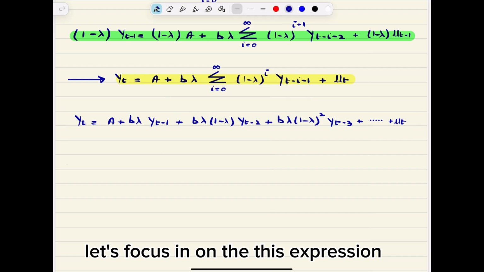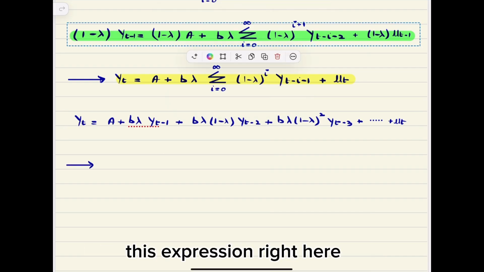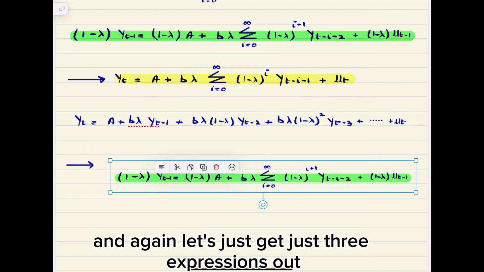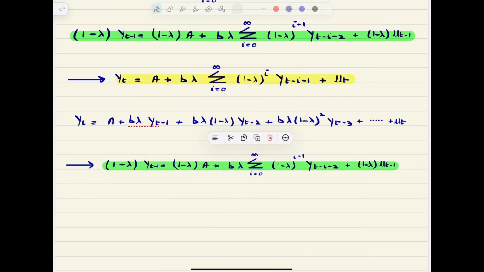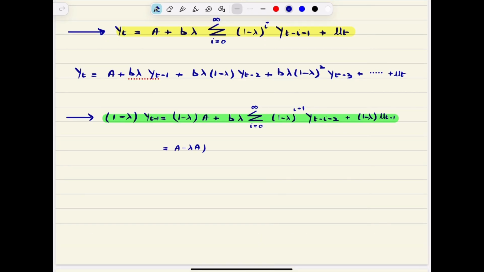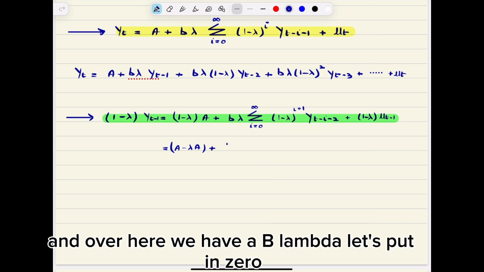Let's focus in on this expression right here. And again, let's just get just 3 terms out. This is (1 minus lambda), and over here we have beta lambda. Let's put in 0.